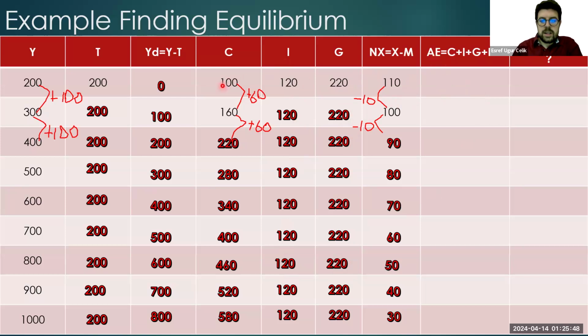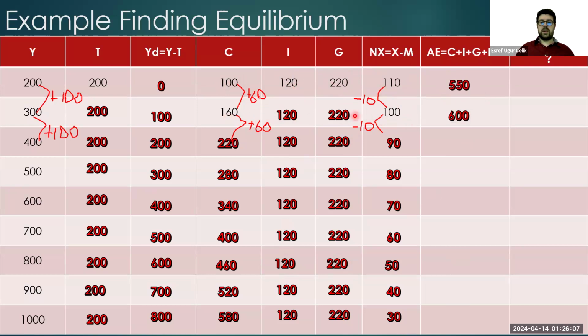So 100 plus 120 plus 220 plus 110 is 550. Then 600.